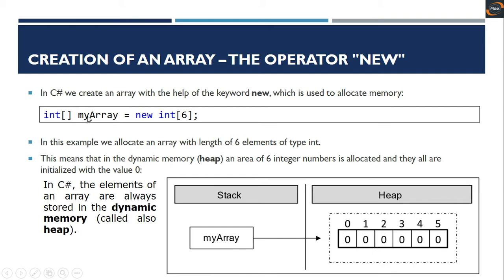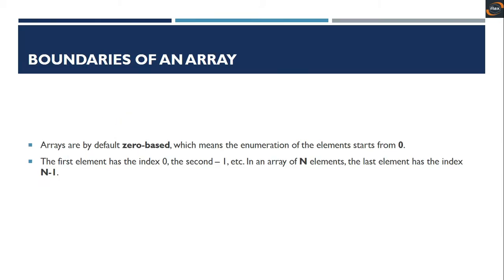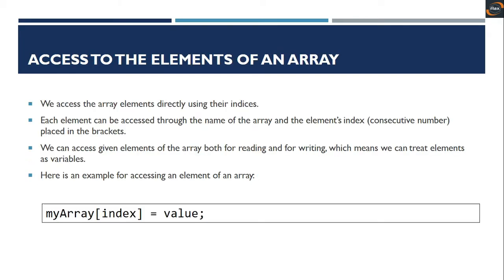Simply int, then brackets, myArray is equal to, then curly braces. Inside that you can specify the element values, which is called explicit initialization. I have told you that arrays are by default zero-based indexed, which starts at 0: 0 for the first element, 1 for the second, and n-1 for the last element.